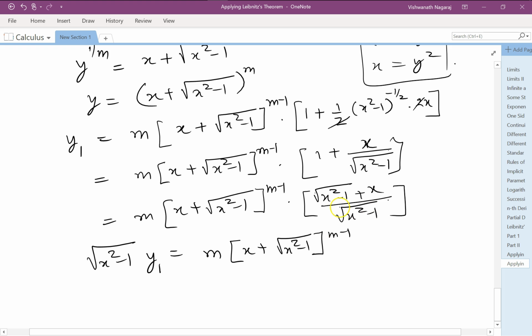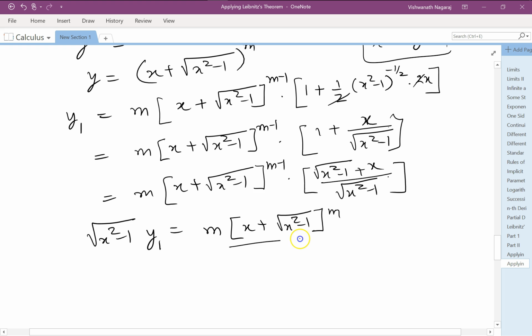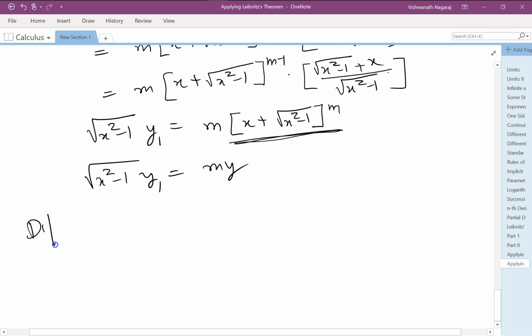So they are basically both same. So it becomes m minus 1 plus 1, which is nothing but m. And we know that this itself is nothing but y. So m y. Now we differentiate it once more.